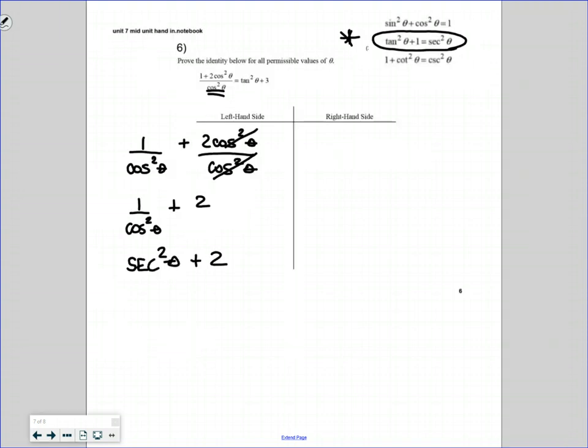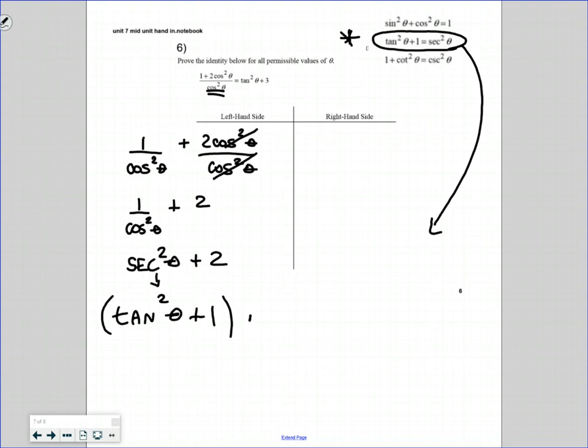And secant turns easily into tangent with this identity. So wherever I see a secant, I can write it in as tan squared theta plus 1. And that needs to be increased by 2. Whoa, tan squared theta plus 3.